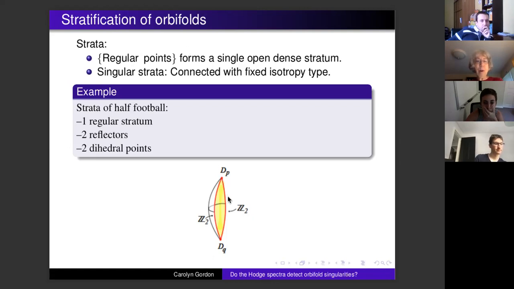So the half football, for example, has 5 strata. There's the one regular stratum. There are 2 reflector edges with C2 isotropy. Each of those is a stratum. And then there are 2 strata consisting of isolated points with dihedral isotropy.